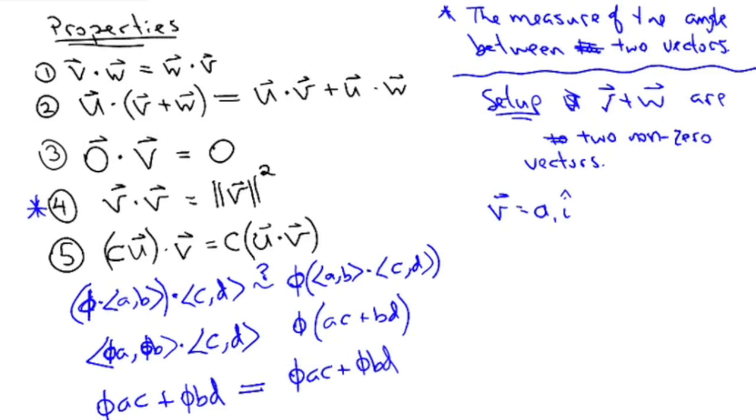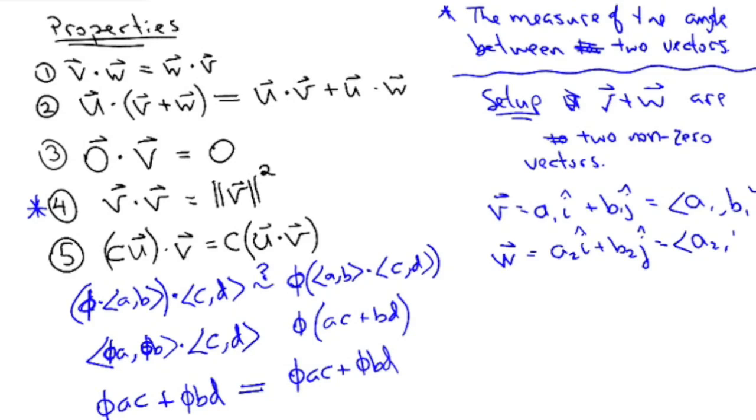I'll write it in ij notation, not super necessary, but I'll write it both ways. A1, B1. Let W equal a2 i plus b2 j, or just plain old a2, b2.